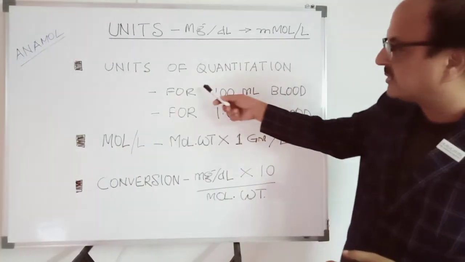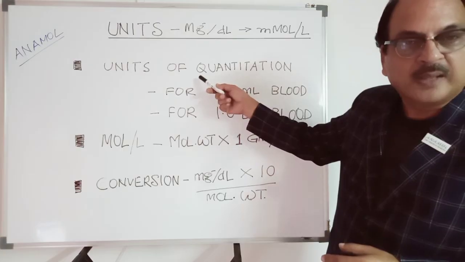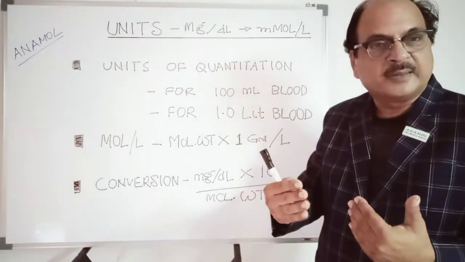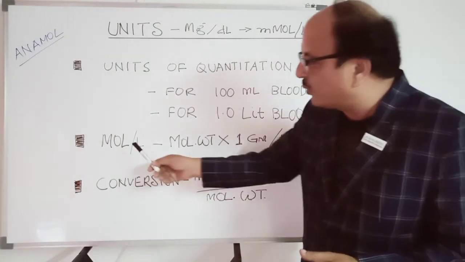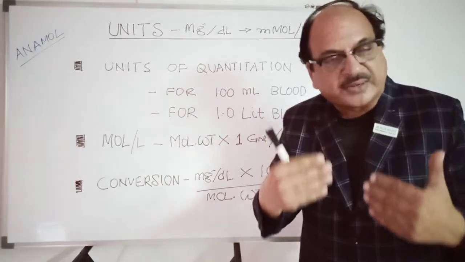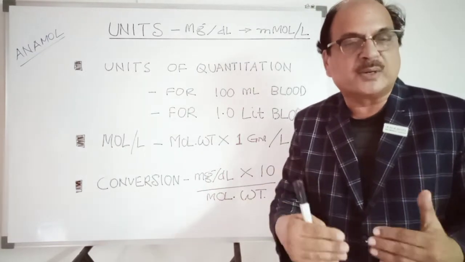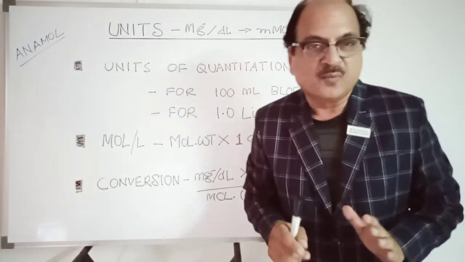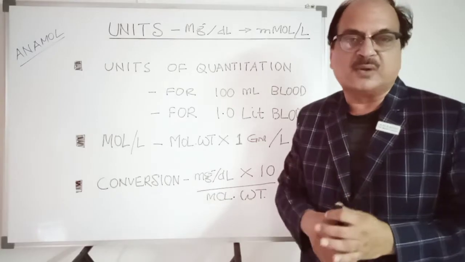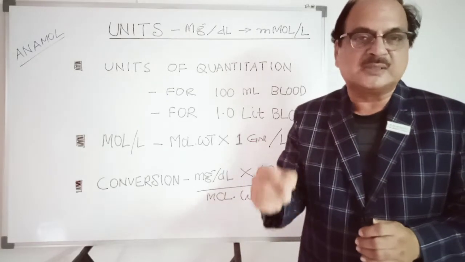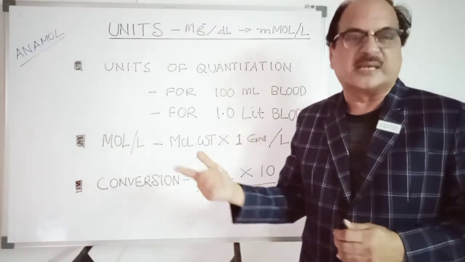Now, what is the relation between these two and how do you interconvert them? This is a small exercise you need to do: go through the literature to find out the molecular weight of that analyte. For example, in case you are taking glucose, when we search the literature, you will find the molecular weight of glucose is 180.16.